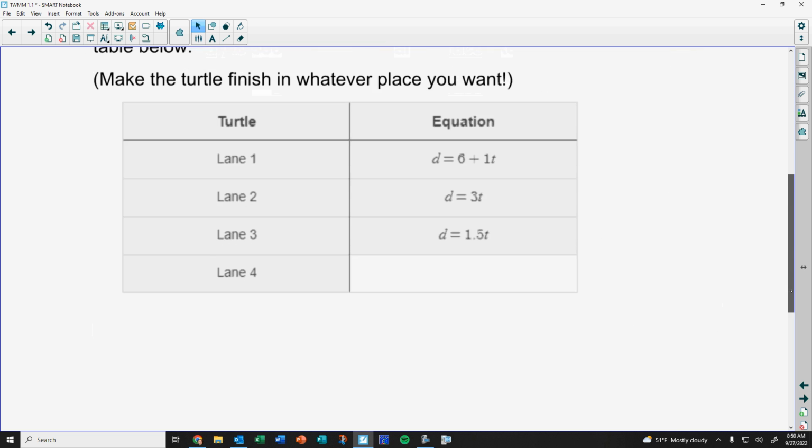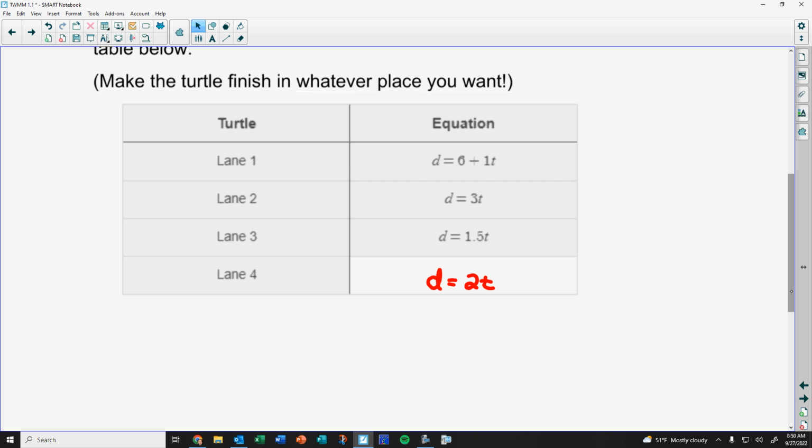If you put an equation down here, it'll give you the speed of the other turtle in lane 4. It'll put them into place. So let's see, if I did this, who's the fastest turtle here, just by looking at the equation? Lane 2, right? How can you tell? Why did you say lane 2?